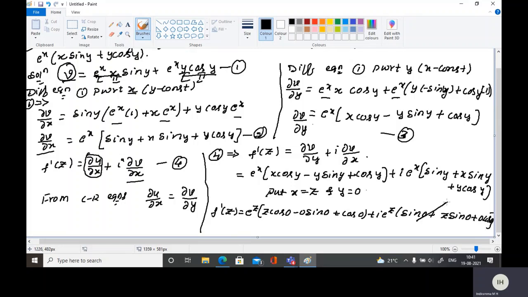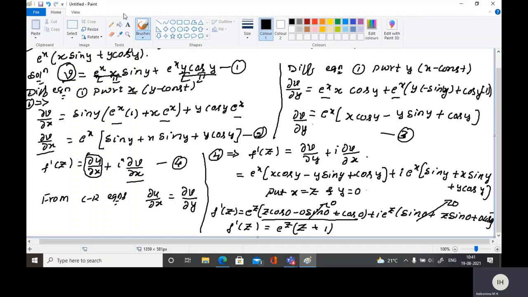See, the second term is completely 0 because sin 0 is 0, here also 0, it is also 0. So only the first term we have to simplify. Sin 0 is 0, cos 0 is 1. Therefore, f dash of z is equal to e power z into z cos 0, which is 1, z into 1 is z, plus 1. This is what we got, f dash of z.